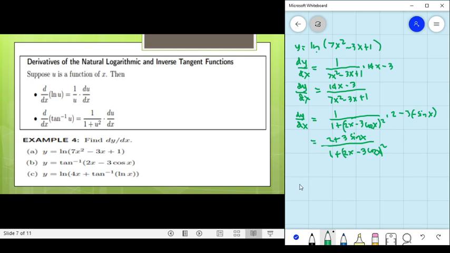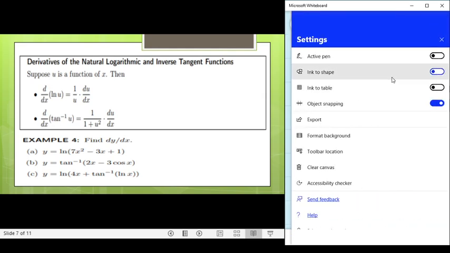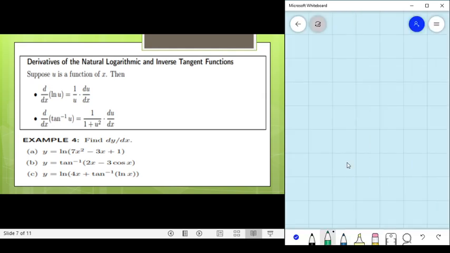Okay. And lastly, we have to find dy over dx where y is equal to ln of the quantity 4x plus arctangent ln of x. Since it is ln, we are going to use the first one.